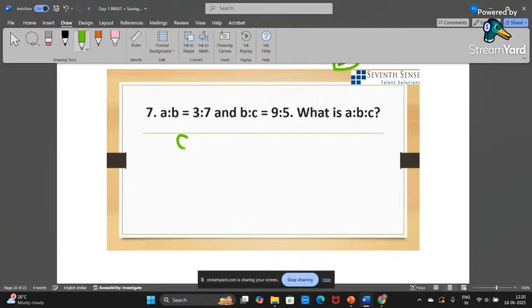See, we need here the ratio in the form of A to B to C. So we have the separate values for A to B, and for B to C, we have the separate values.